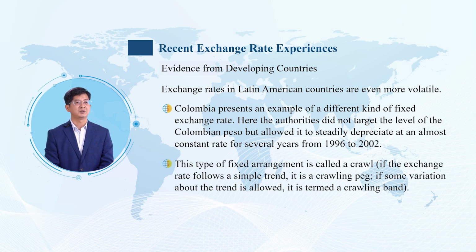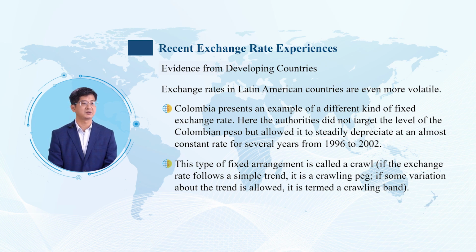This type of fixed arrangement is called a crawl. If the exchange rate follows a simple trend, it is a crawling peg. If some variation about the trend is allowed, it is termed a crawling band.